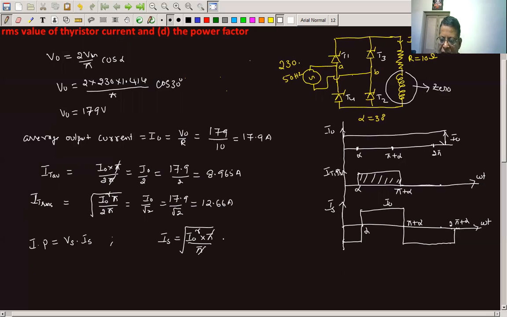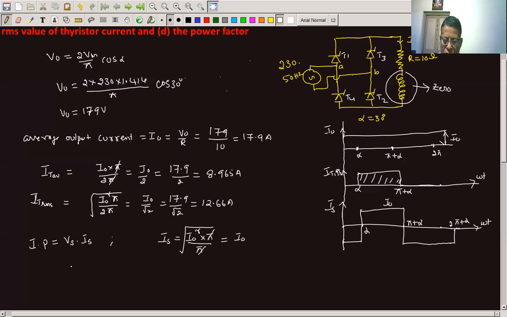So pi gets cancelled, Is is equal to I0. From this we can say that the RMS value of source current is equal to the RMS value of load current.